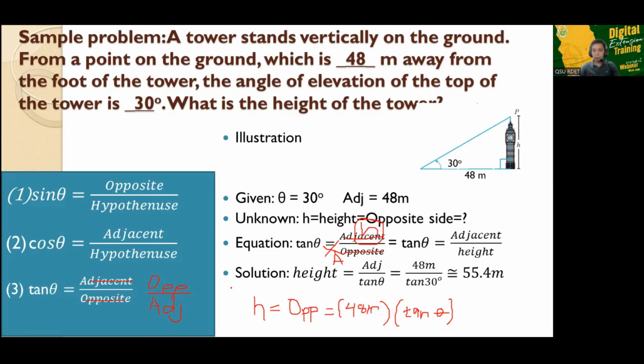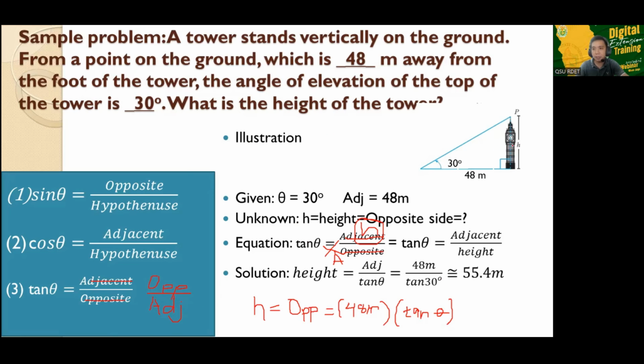Since we're looking for the opposite, we just need to cross multiply this. Manipulating the equation, you can use your calculator to solve that problem. But likewise, we use the same procedure.